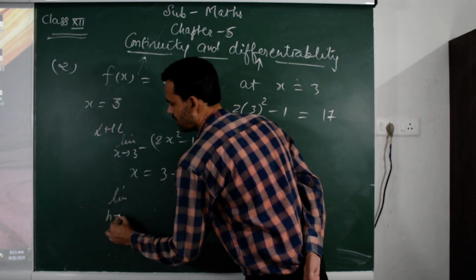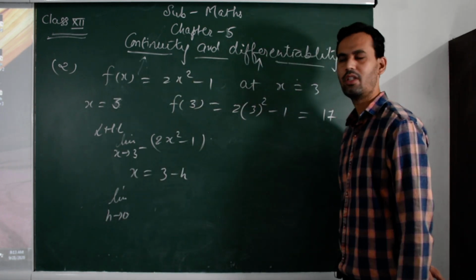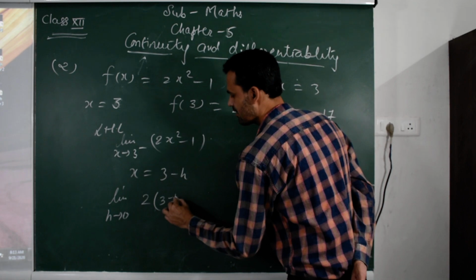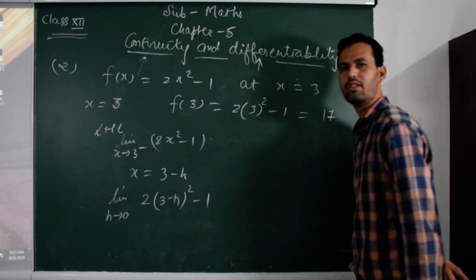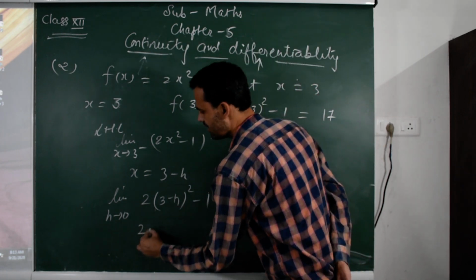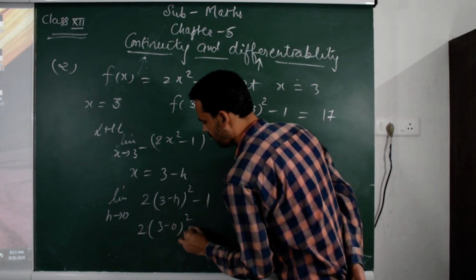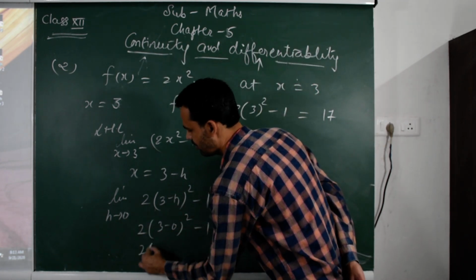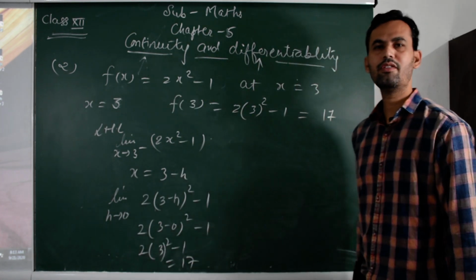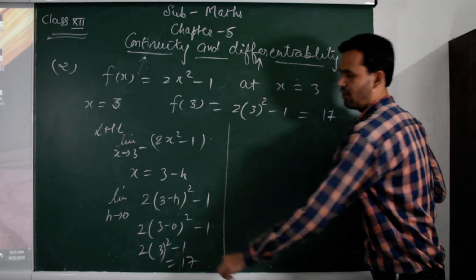Now the function changes, with h tends to 0, to 2 times (3 minus h) square minus 1, and as h tends to 0, we write it as 2 times (3 minus 0) square minus 1. So it becomes 2 times 3 square minus 1, which is also 17. So the value of LHL is also 17.